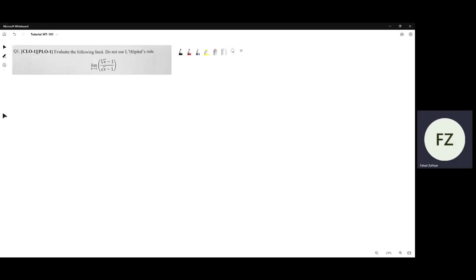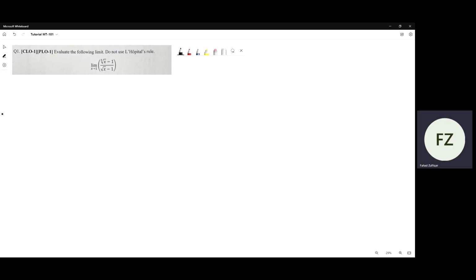The question wants us to find the limit of this function when x approaches 1. The problem in this function is that normally, in a function that has a square root, we rationalize the function, but rationalizing in this case wouldn't do any benefit.